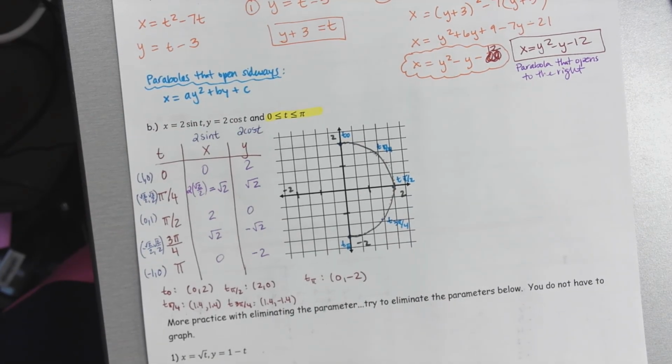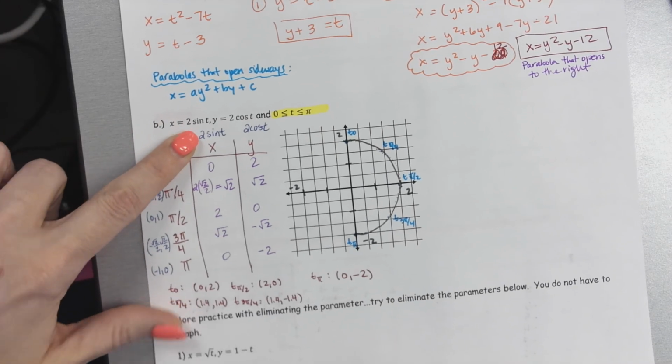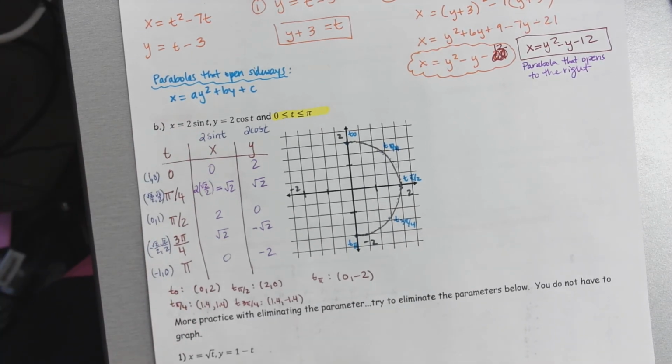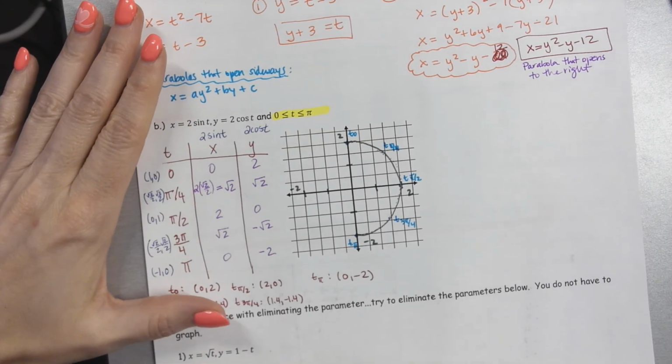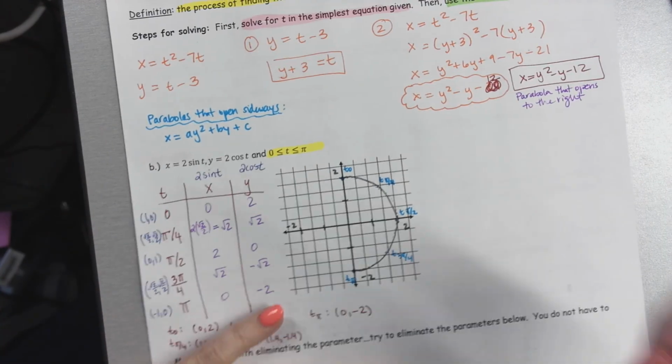Okay, so in the first one, we solved for t and we did substitution. Okay, if we're solving for t in this thing, we'd have to use the sine inverses and that would get kind of messy. So we are going to use something else. Something maybe you thought you were done with, but you are not.